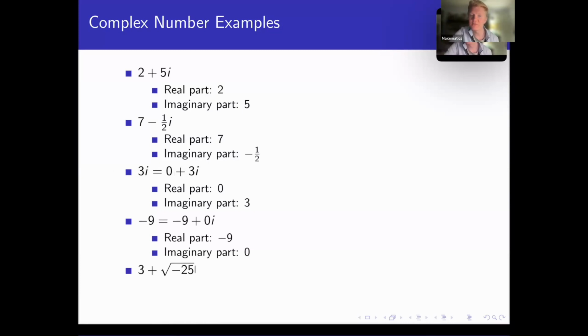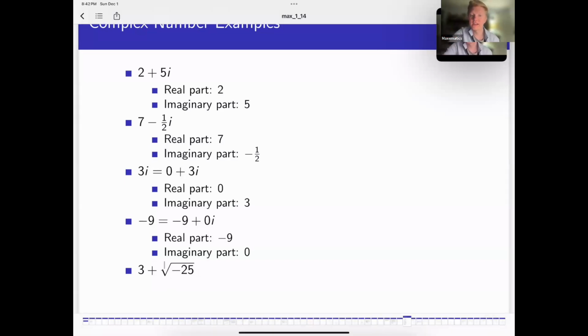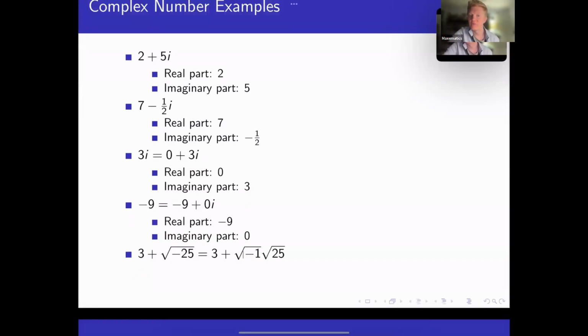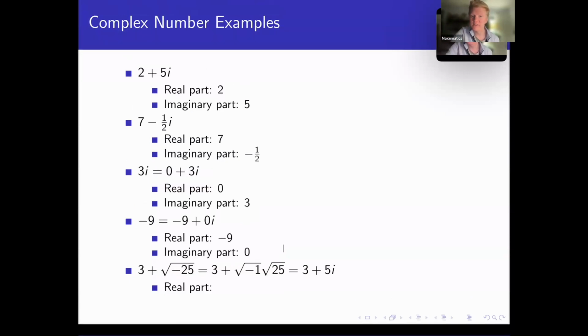3 plus square root of negative 25. Well, we have to simplify the square root of negative 25 first. In general, always simplify square roots of negative numbers before you do anything else. Well, the square root of negative 25 would be the square root of negative 1 times the square root of 25. Square root of negative 1 is i, and square root of 25 is 5.